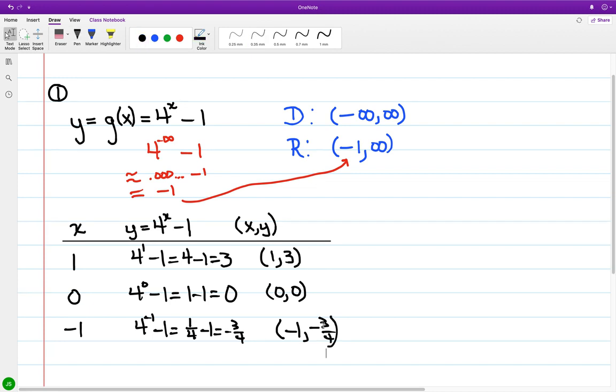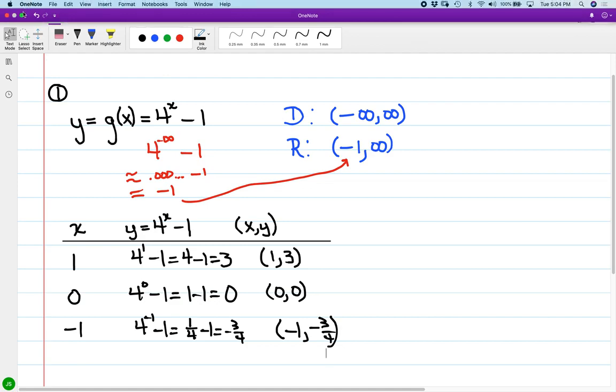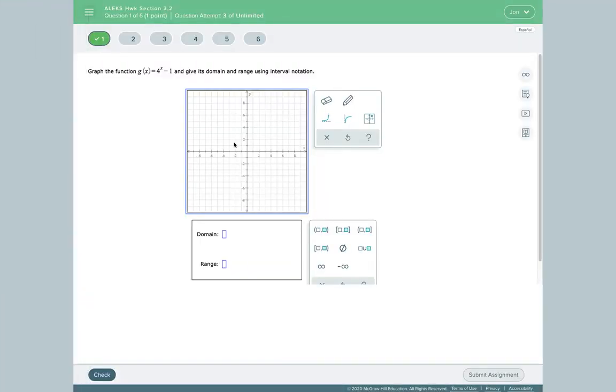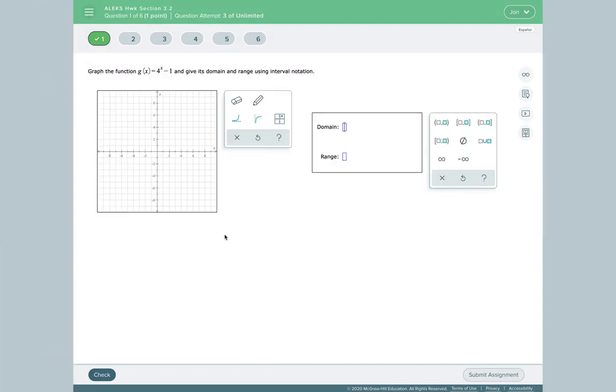Referencing back to the graphing, for the domain, we have the set of all real numbers, going from negative to positive infinity. And for the range, we have tangent to but above negative 1, going out to infinity.